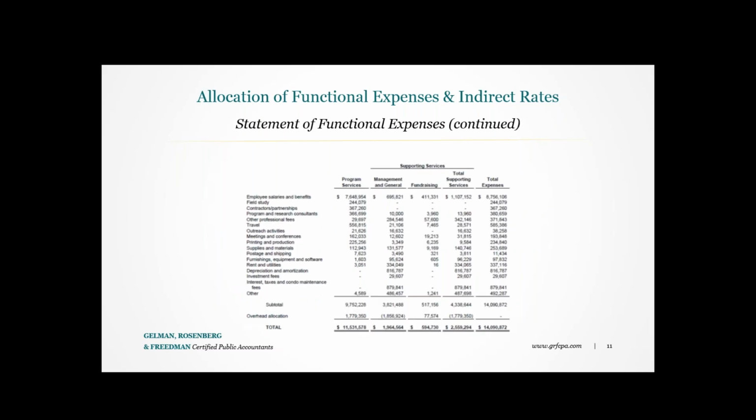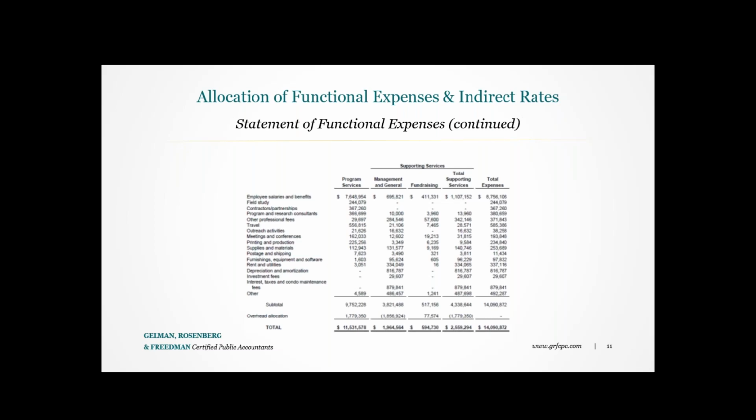Whereas on this statement, what we see, the first thing that really jumps out at me is the below the line presentation, the overhead allocation. And so again, I think rent is a good way to understand where here this organization has taken, or let's say the majority of that rent is in the management and general column.